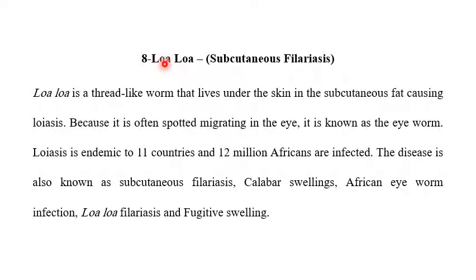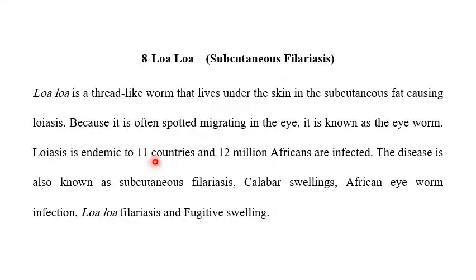The example of a tissue nematode, subcutaneous filariasis, Loa loa, is a thread-like worm that lives under the skin in the subcutaneous fat causing loiasis. Because it is often spotted migrating in the eye, it is known as the eye worm.